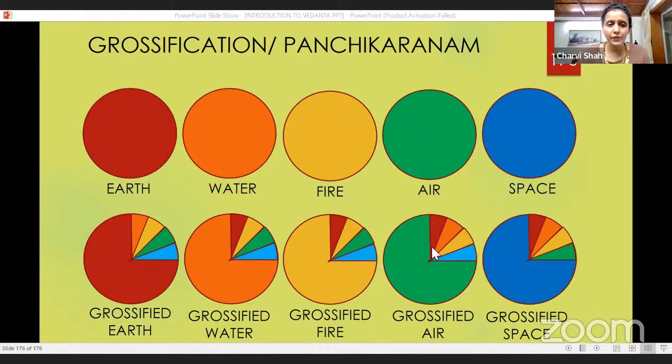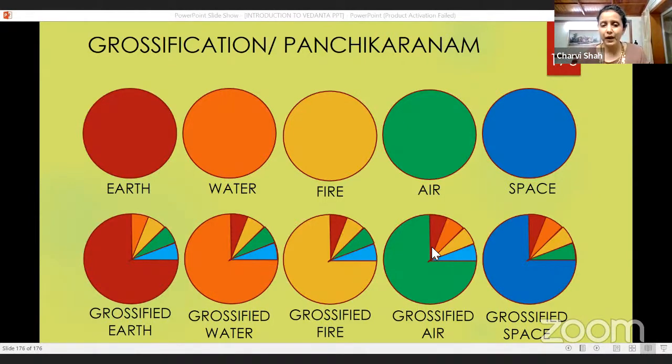So grossified space means it has 1/2 or 50% of the tamogun component of space plus 1/8 of air, 1/8 of fire, 1/8 of water, and 1/8 of earth. So the other 4 elements will only be in 1/8, 1/8, 1/8 proportion.